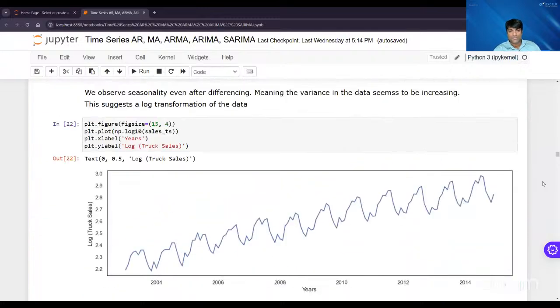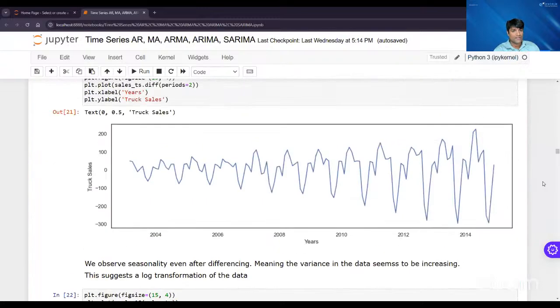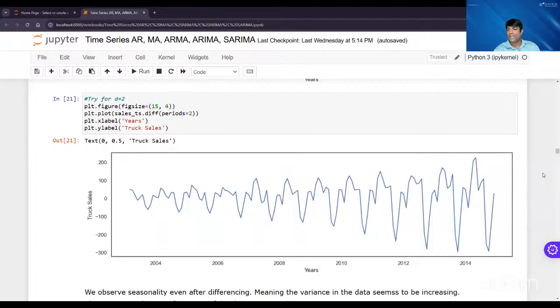Before, with applying the differencing techniques, see the difference. There is no consistency in the figure or the graph or the diagram.